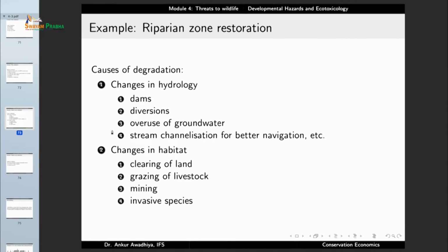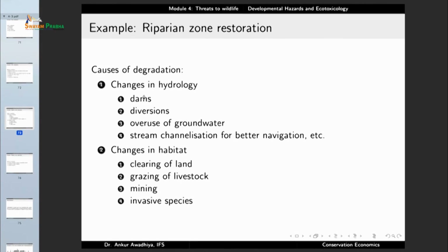It changes the movement of different organisms such as fishes. Other examples include diversion of land. So, a land that was there in a floodplain has now been diverted and made into, say, a building area. Overuse of groundwater, channelization of streams. So, these are all different things that lead to changes in the hydrology.